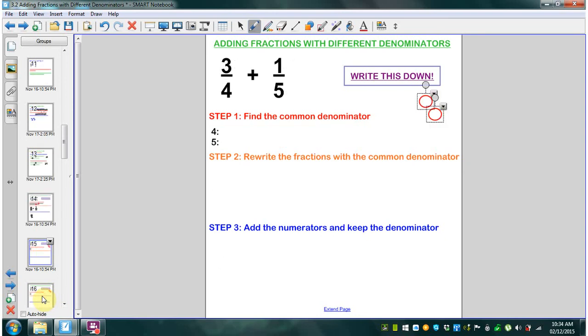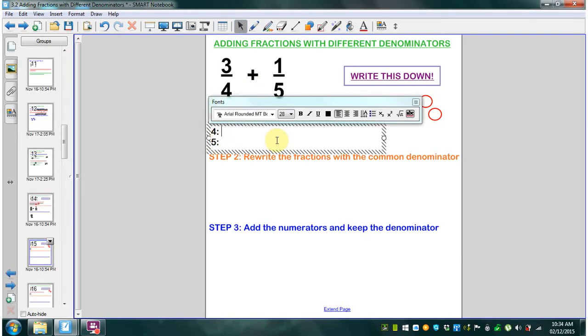All right, 3 over 4 plus 1 over 5. I'm going to go a little bit quicker through this one. Find the common denominator. We cannot add because we do not have a common denominator here. So we're going to find our multiples. Multiples of 4 are 4, 8, 12, 16, 20, 24, 28, and so on.